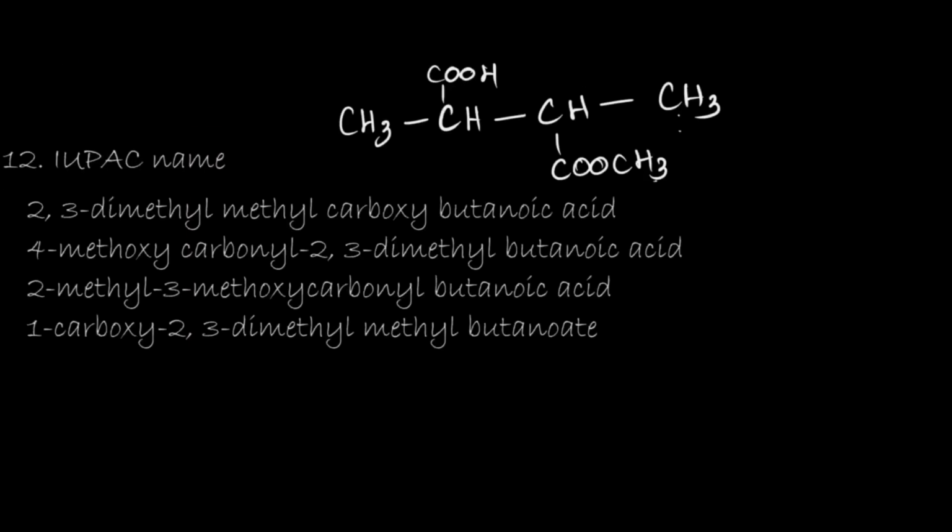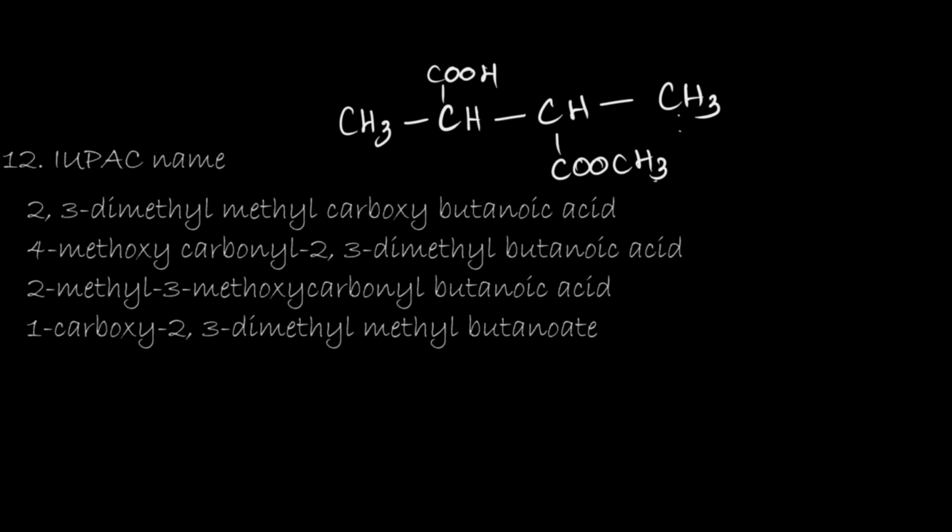Let's say this question: the IUPAC name of the given compound CH3CHCOOH, CHCOOCH3 with another CH3. So what would be the name of this compound? First we have to think about the priority order. So the first priority goes to the acid group.